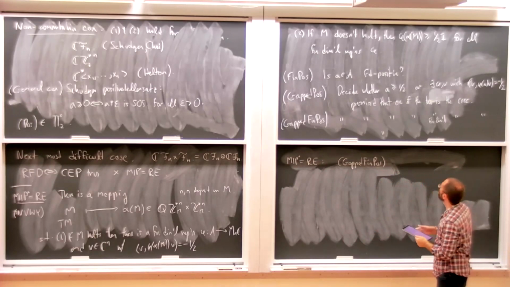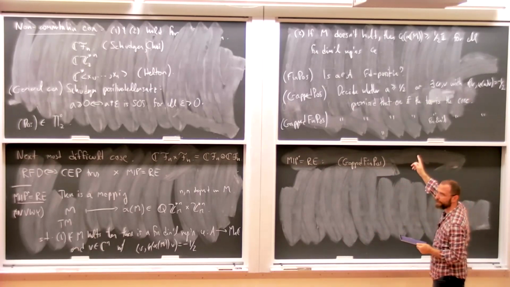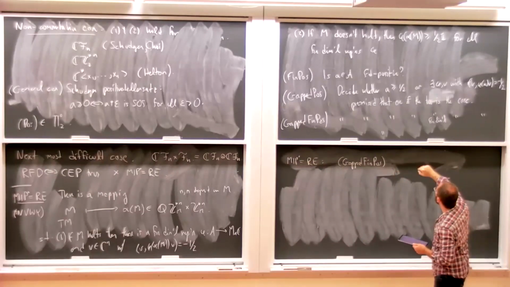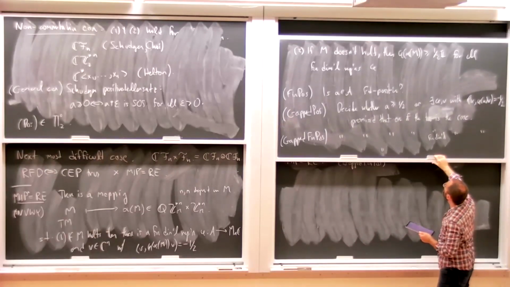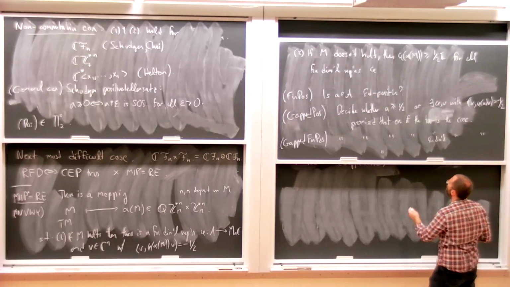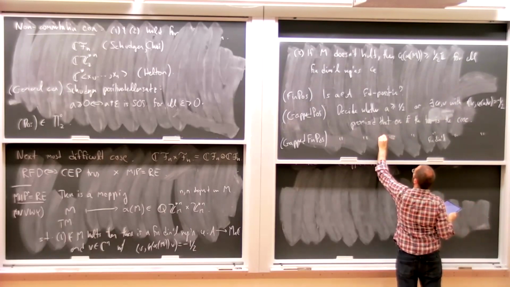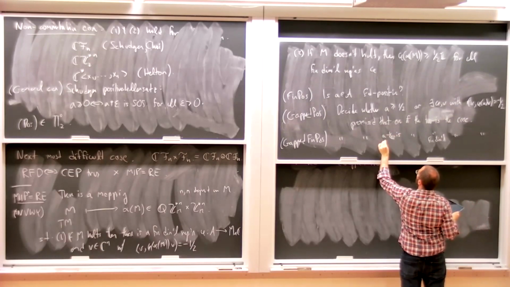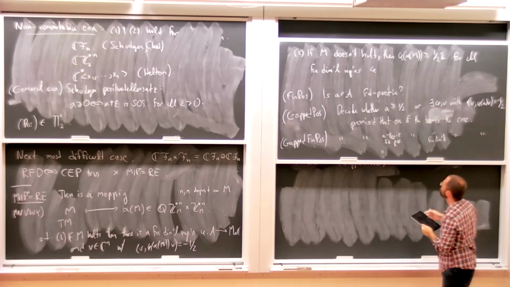And then you can also see that it's contained inside of RE, because you have to decide whether A minus a half is FD positive. Yeah, okay, there we go.